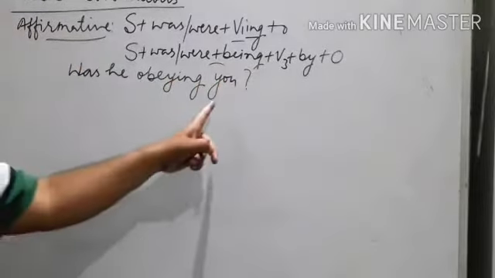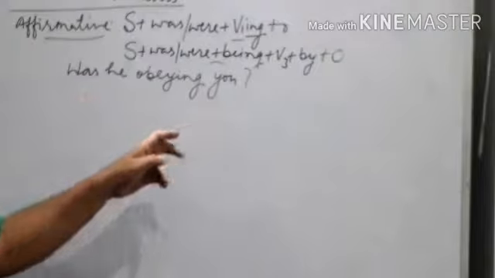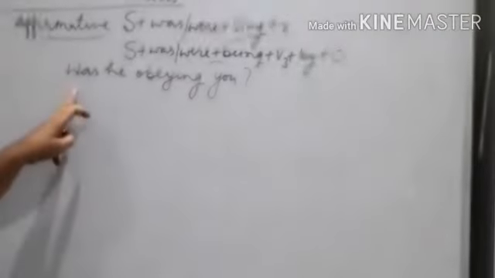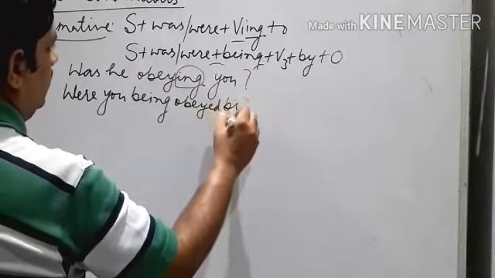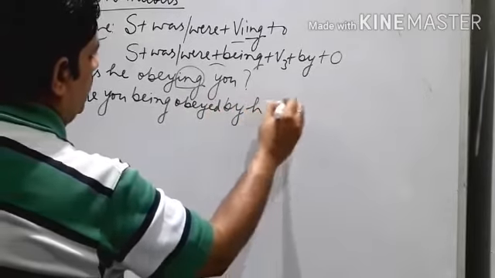So here the object is you, second person noun. So we use plural form here, and that is were. Were you being, ing change into being, obeyed by, and he will be changed into him.